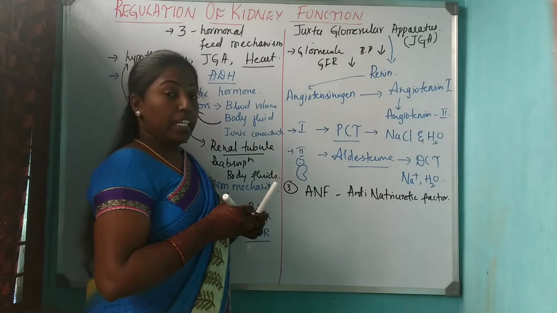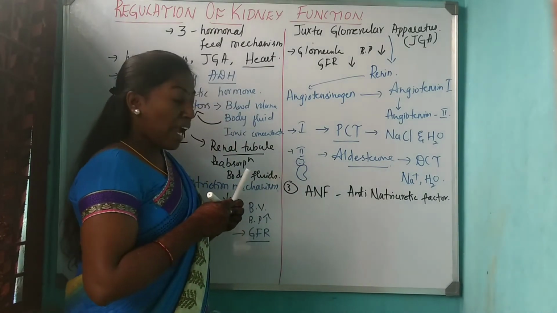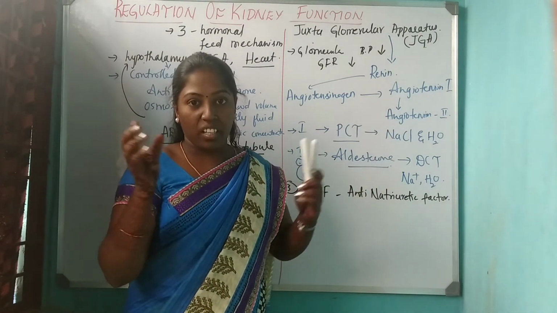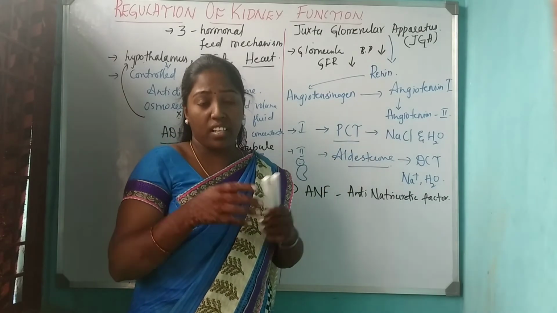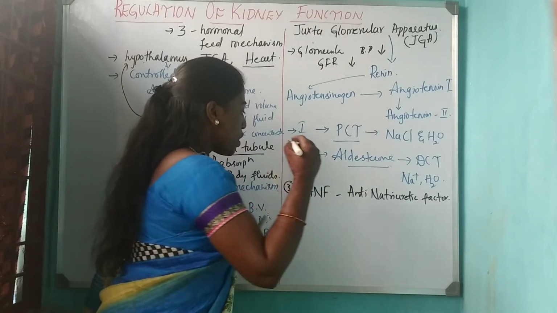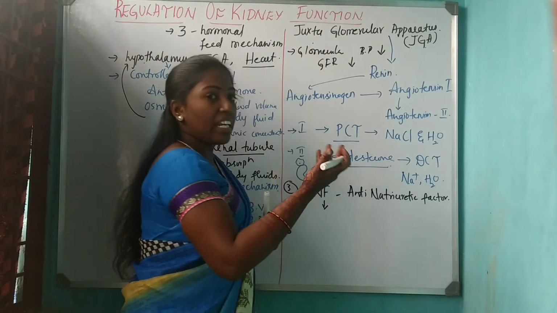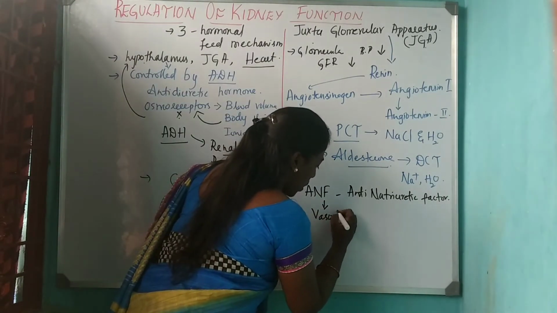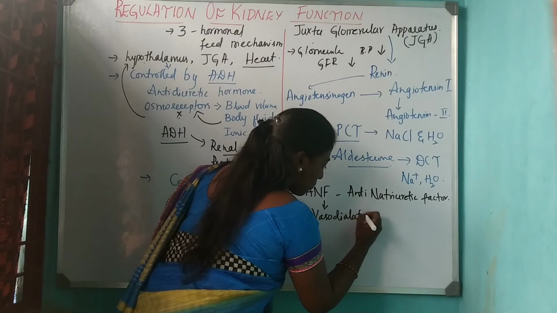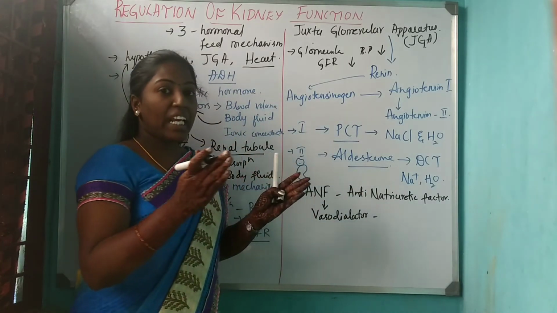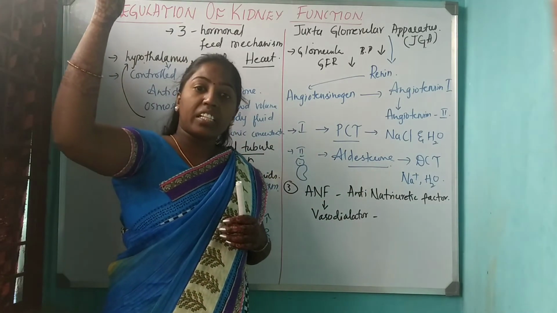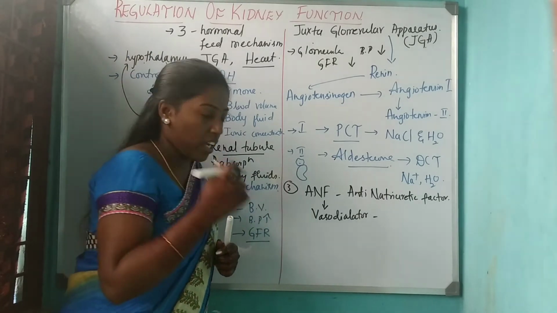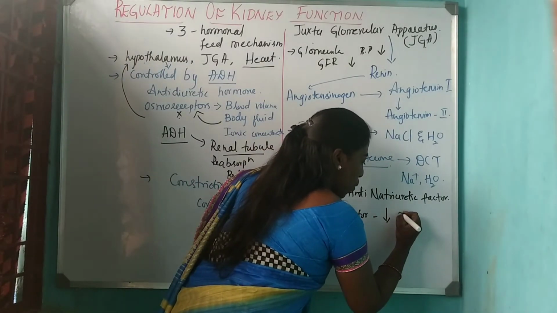This ANF acts as a vasodilator, it dilates the blood vessels. By dilating the blood vessels, it decreases the blood pressure.